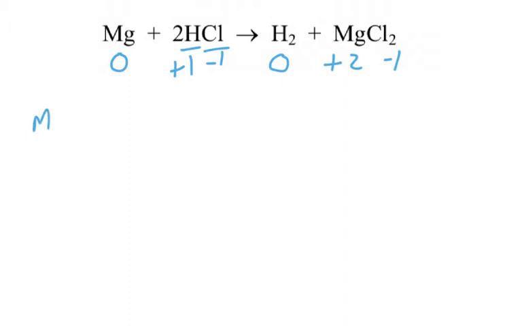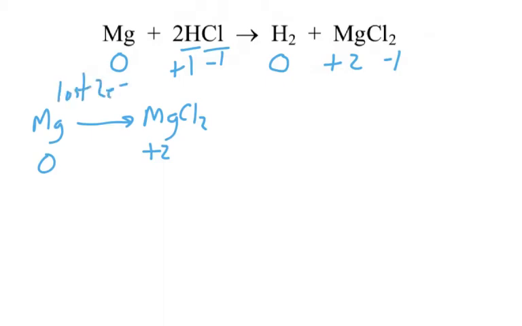Notice how magnesium went from being neutral on the left to being +2 on the right when it became MgCl2. He goes from being 0 to +2, so he lost 2 electrons. Therefore, magnesium is the one undergoing oxidation, and if he's undergoing oxidation, that makes him the reducing agent.